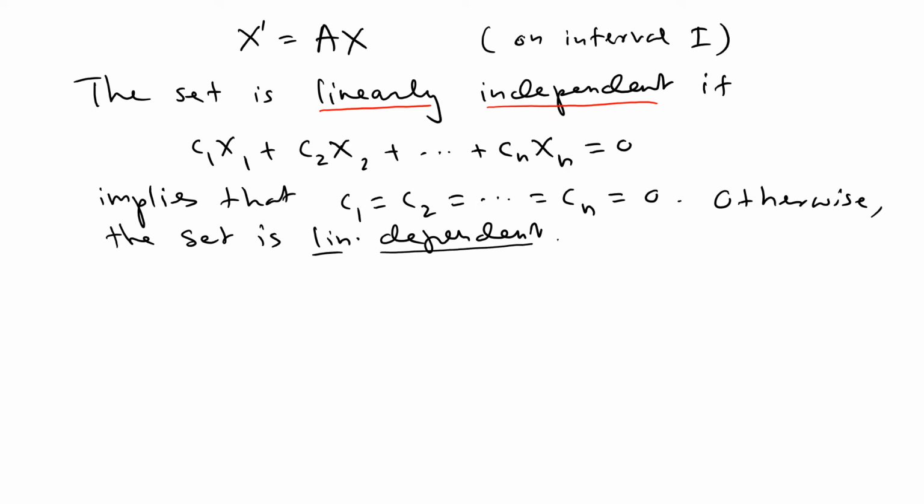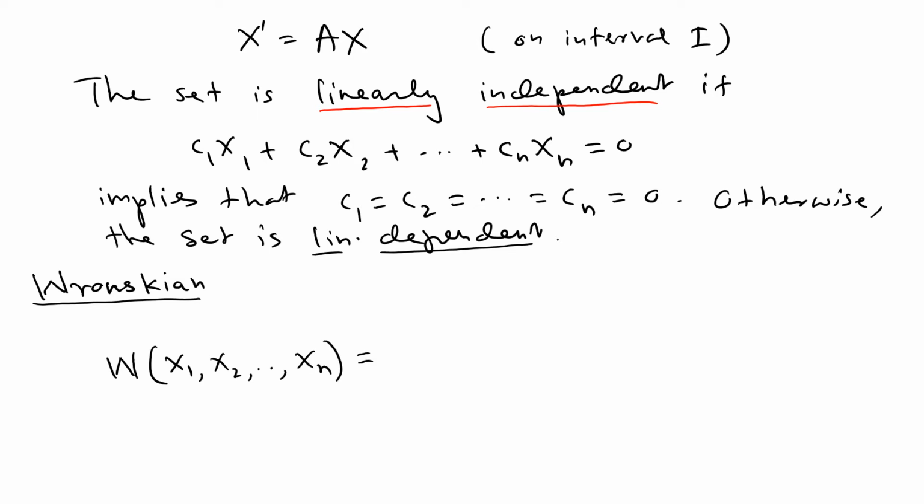Okay, so we also have a similar Wronskian test for that. Let's look at the Wronskian test. We can have the Wronskian like this: W of the solutions x1, x2, like that, and let's say we have n many solutions, up to xn.